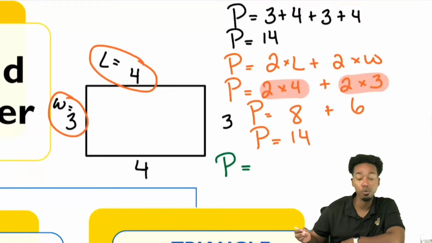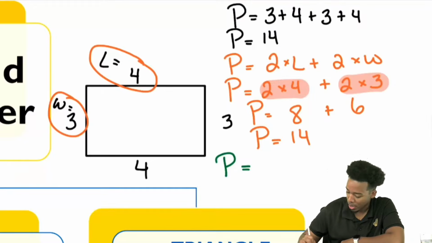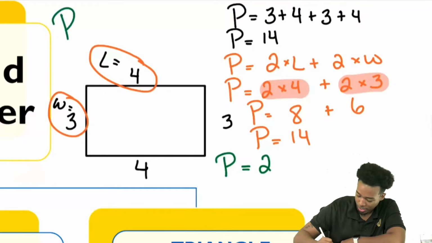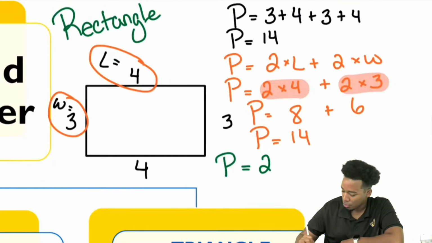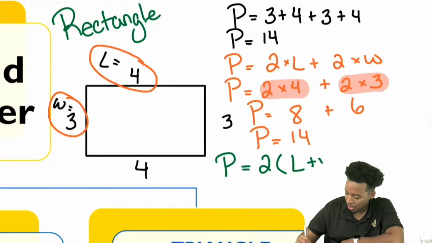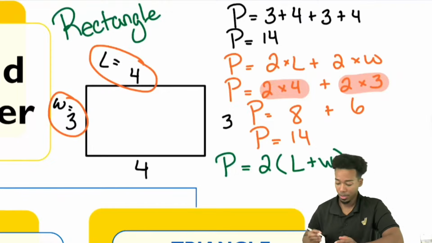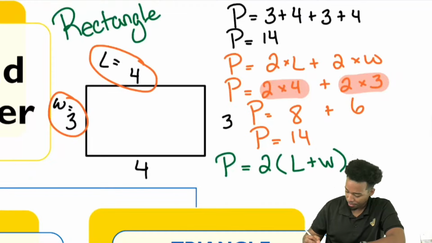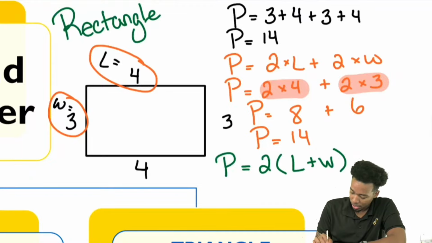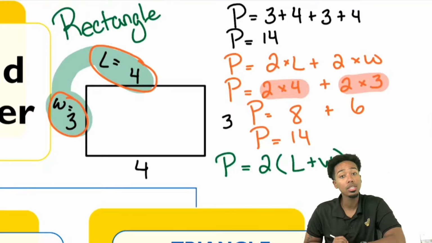Here's a different formula you can think about. For perimeter of a rectangle, and again, let me make sure I write this here. Rectangle, we have 2 times the length plus the width. And all I'm saying is this, everybody. Think about it. We have the length and the width, and we can literally double it.